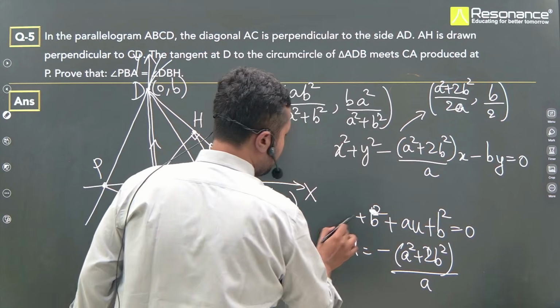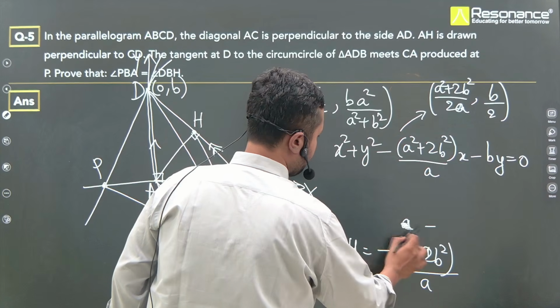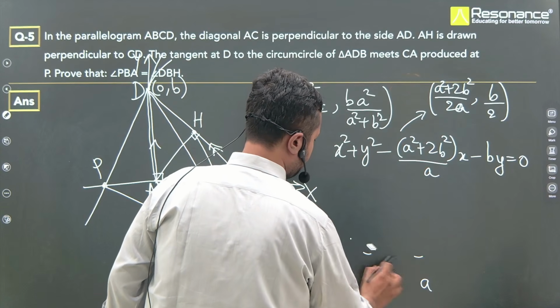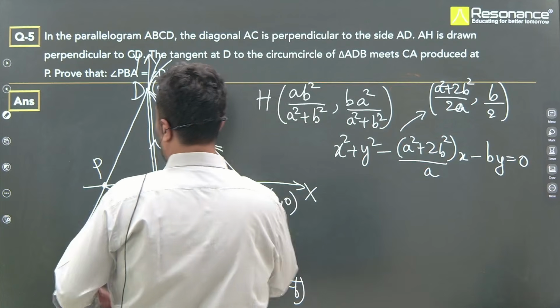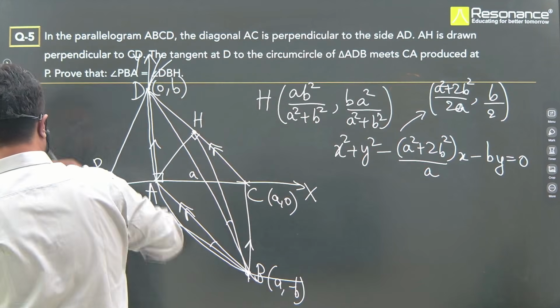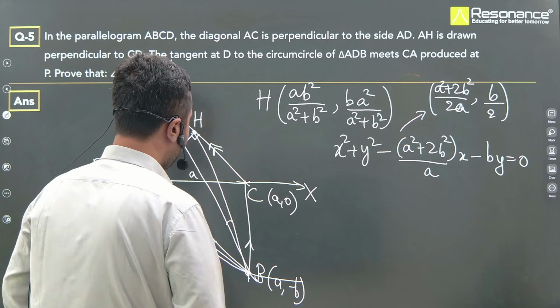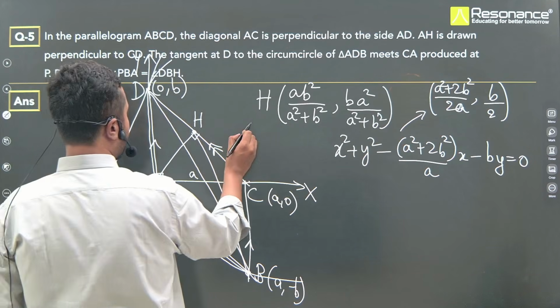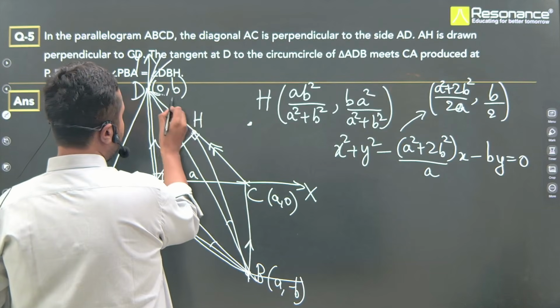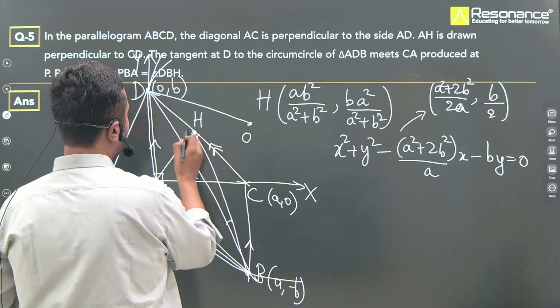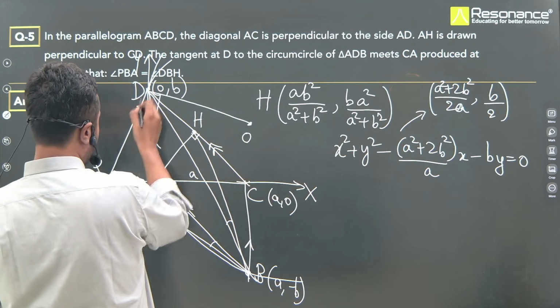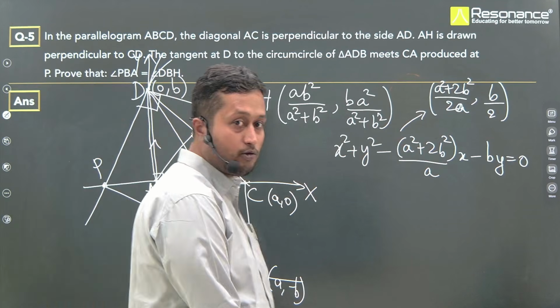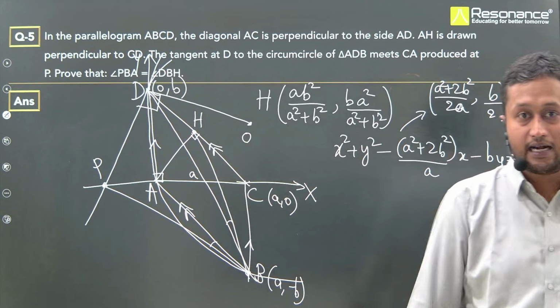Okay, I'll just remove these things again. Now we are ready to figure out the coordinates of P. How do we do that? If that's the center of the circle, then, okay, let's call that O. Then OD and PD will be perpendicular to each other, right? Because PD is a tangent.